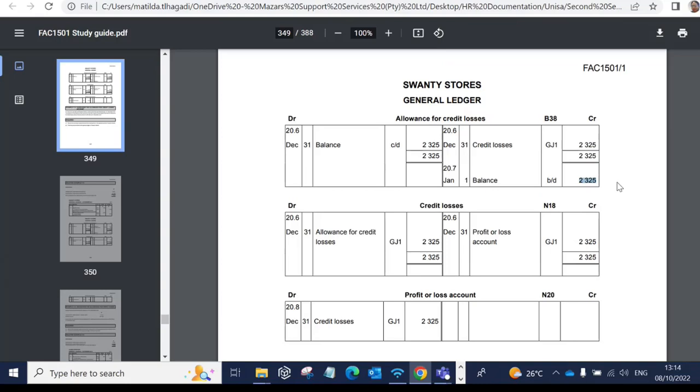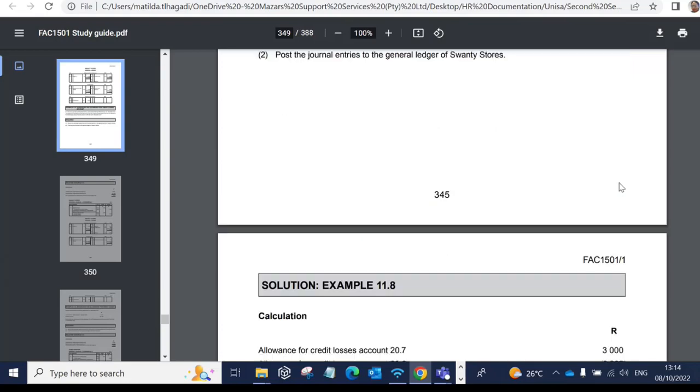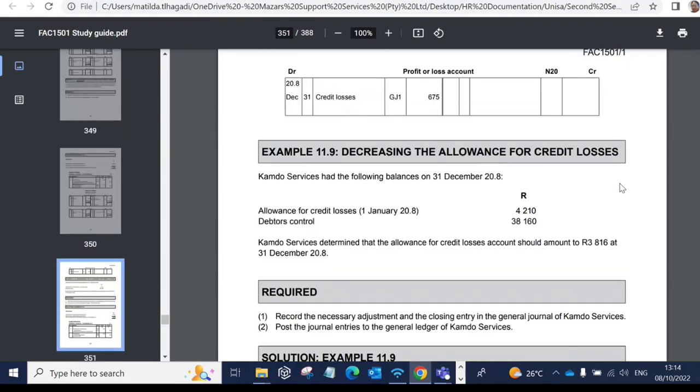Now they said in December 20.7 it is 3,000. Can you see why they're saying it was increasing the credit loss? Because it moved from 2,325 to 3,000.